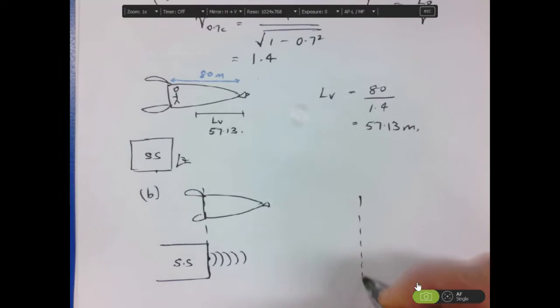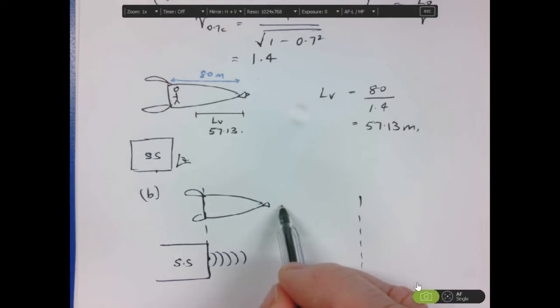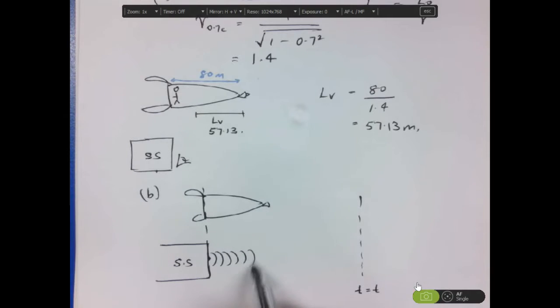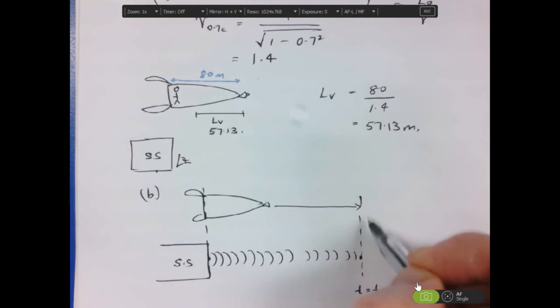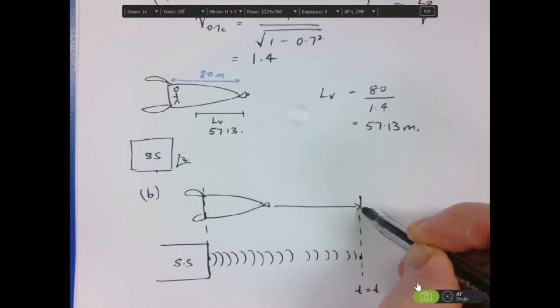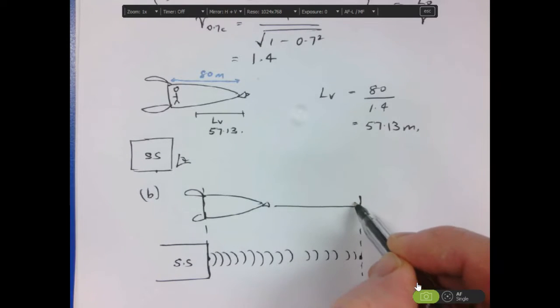At a certain time later, which we'll call time equaling t, the signal has moved all the way through to this point here. At the same time, the spacecraft has also moved to this point. When these two points are at the same level, the signal from the space station will be received by the radio receiver here.